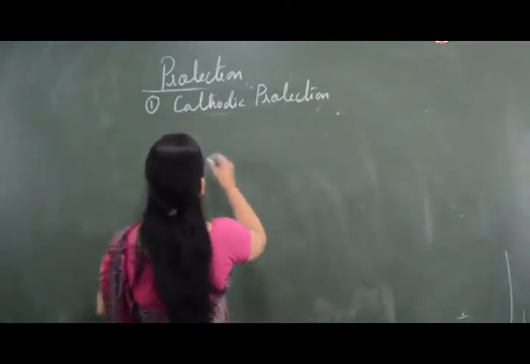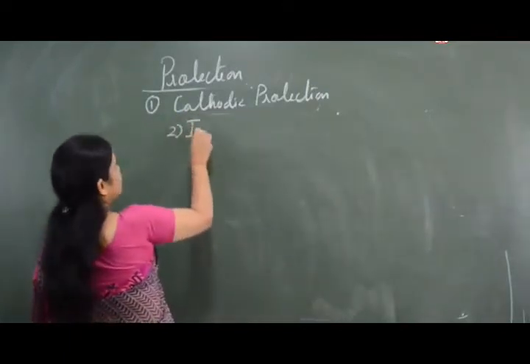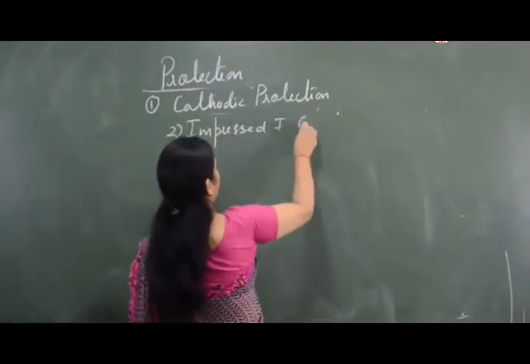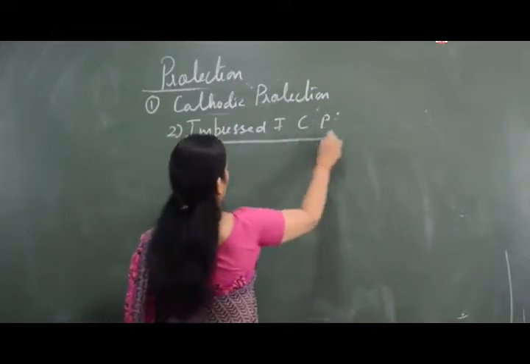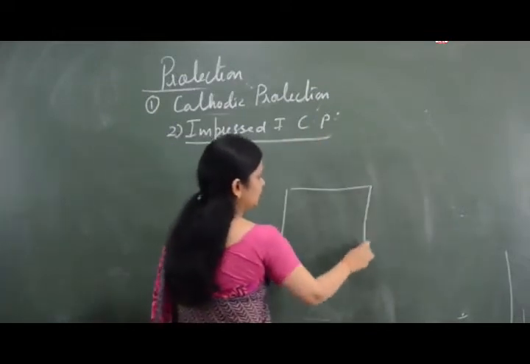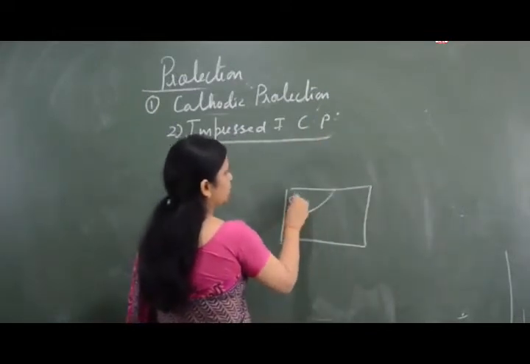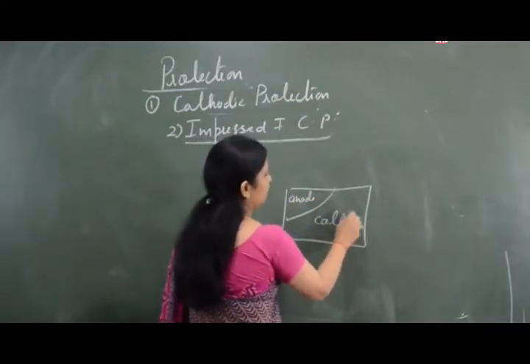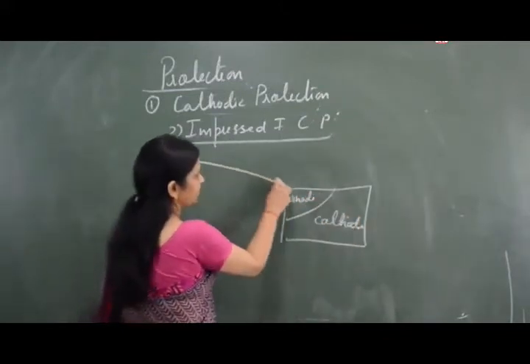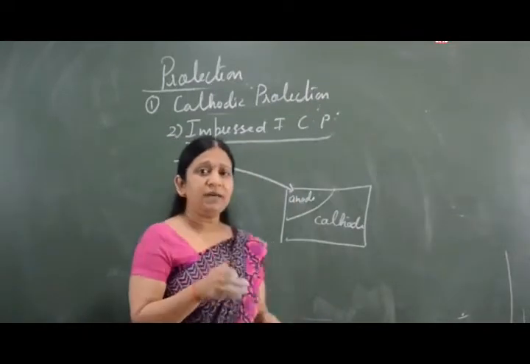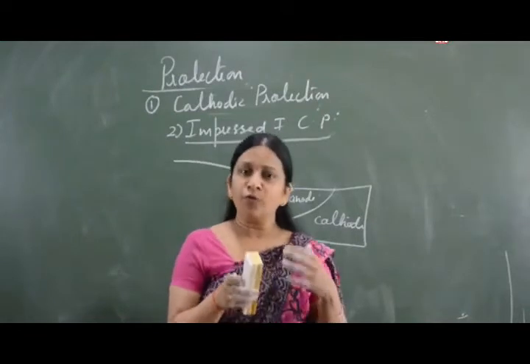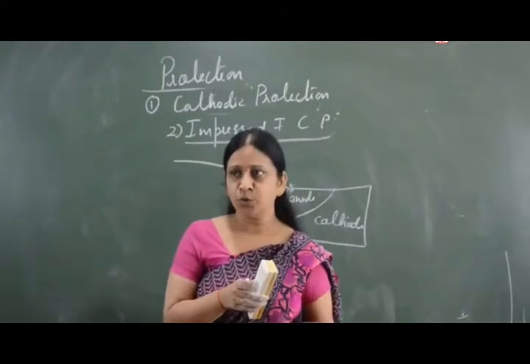The second type of cathodic protection was impressed current cathodic protection. Under this, suppose this is a metal, this portion is going to behave as an anode and this is behaving as cathode. We know that a cathode is an area where the electrons come, and from the anode the electrons flow.